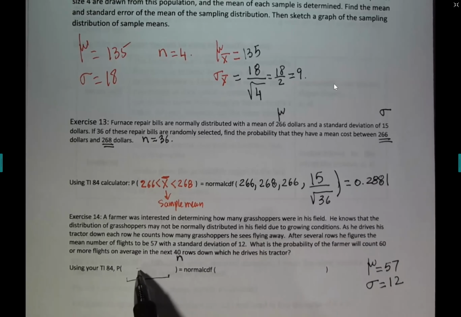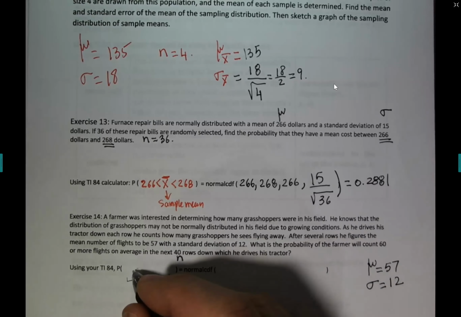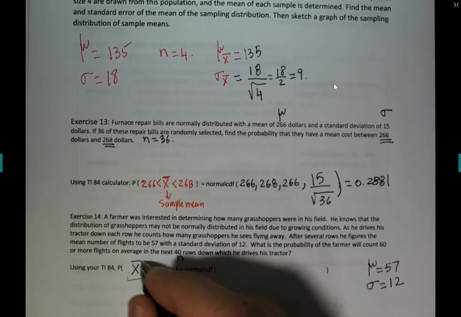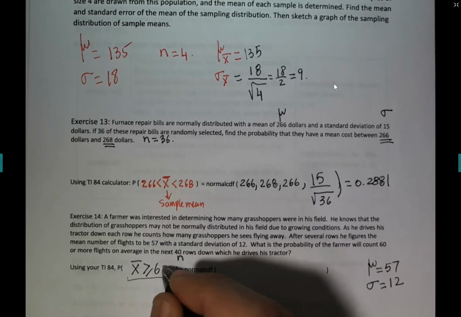How would you write this? On average. So in other words, he's asking you what's the probability that the sample mean is greater than or equal to 60. So you put X bar here, and 60 or more is written like this.